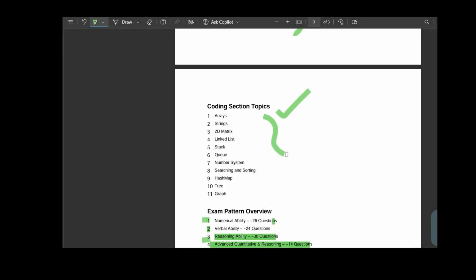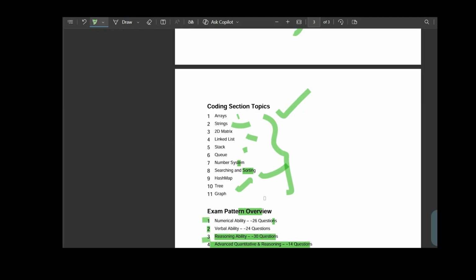For example, you may need to write programs that manipulate arrays, strings, work with 2D matrices, or solve problems using data structures like linked list, stack, queue. You may also encounter questions involving searching and sorting techniques, hash maps, trees, graphs.